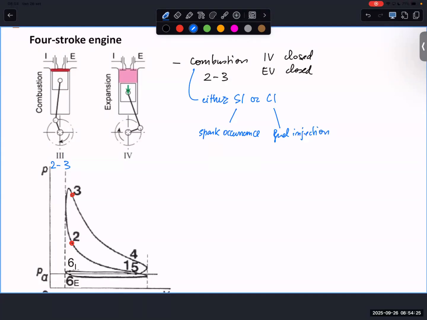Here there is practically no corresponding stroke. There is not a combustion stroke, because combustion is occurring around the top dead center.